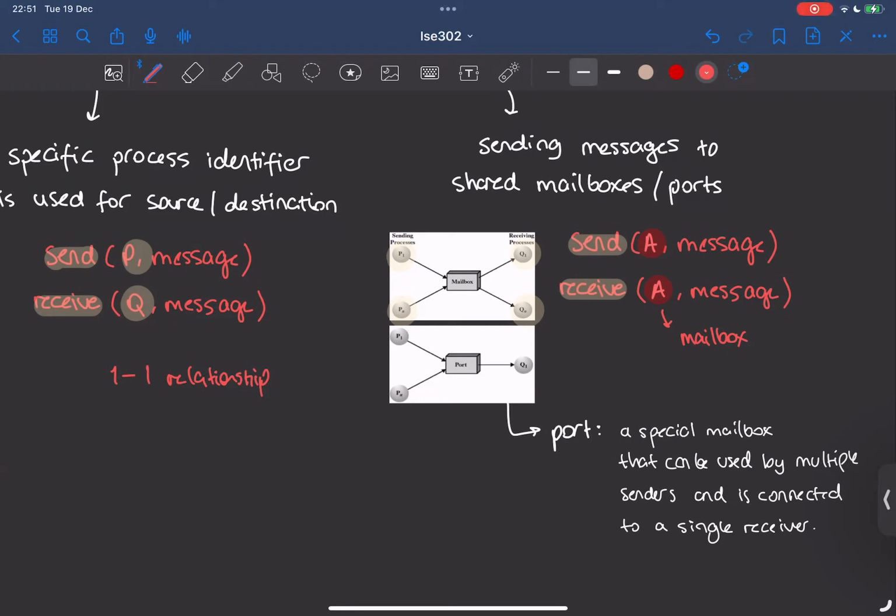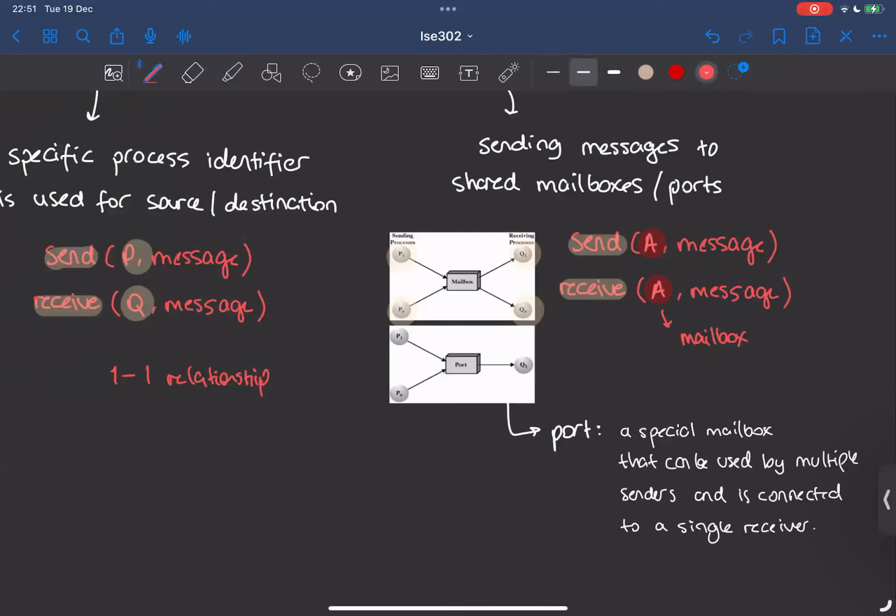So there are several solutions for it, such as limiting a link to only two processes, or allowing only one process at a time to execute a receive operation, or allowing the system to randomly select the receiver while notifying the sender of the chosen receiver.